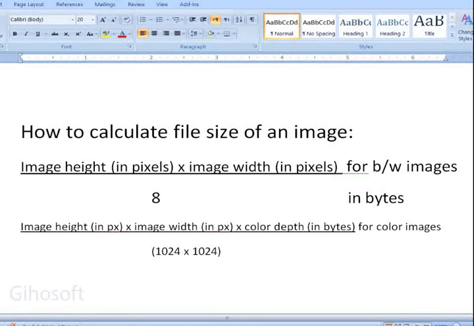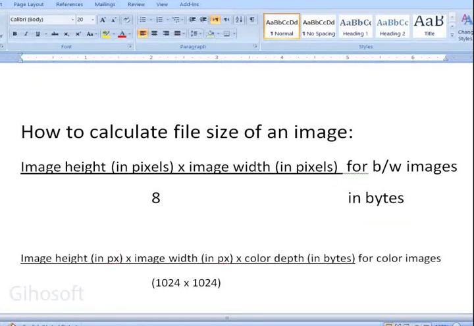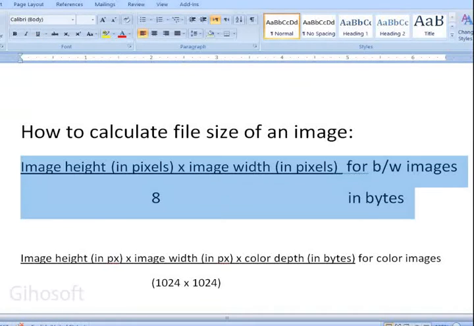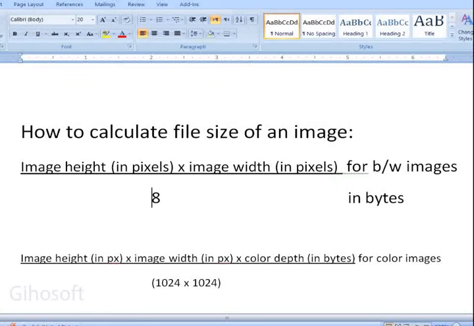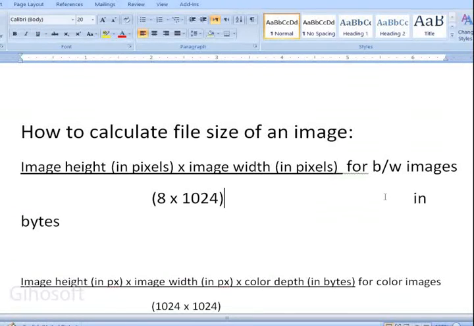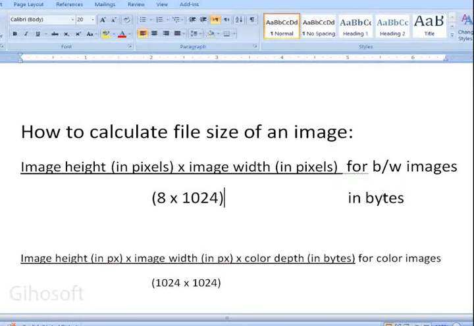If you have been asked to, let's suppose, represent your answer in kilobytes, then simply add 1024 in the denominator. This would give you the answer in kilobytes.